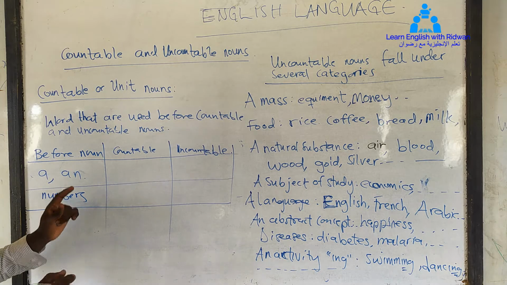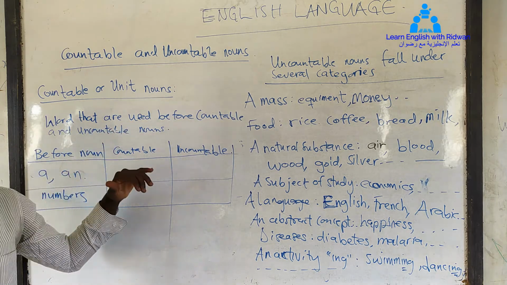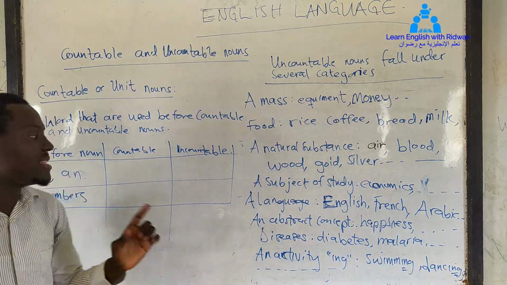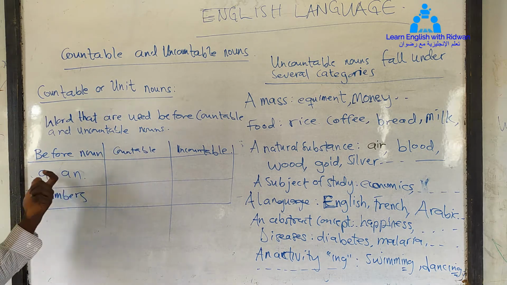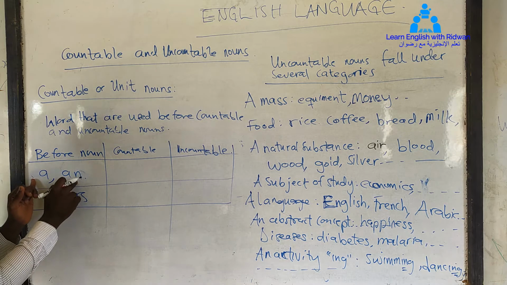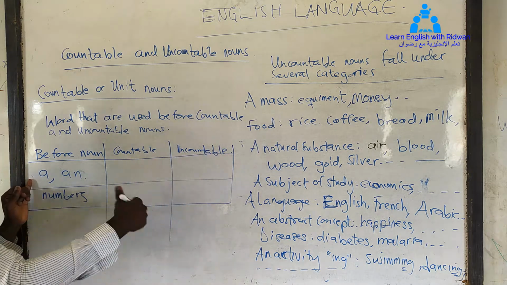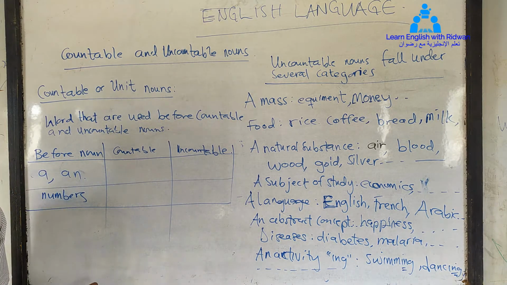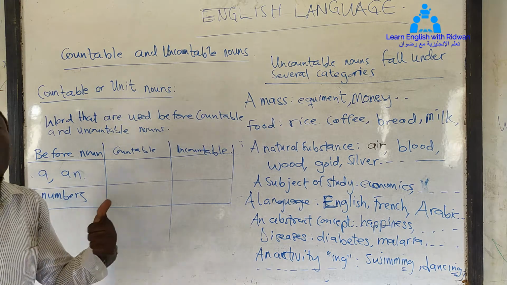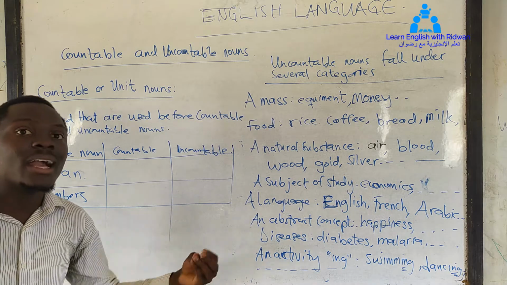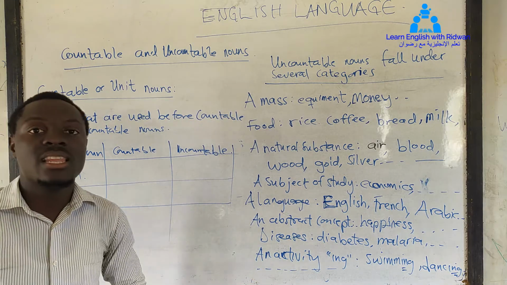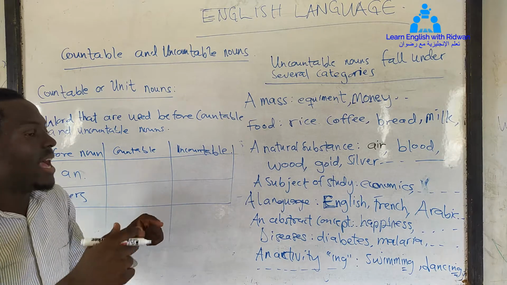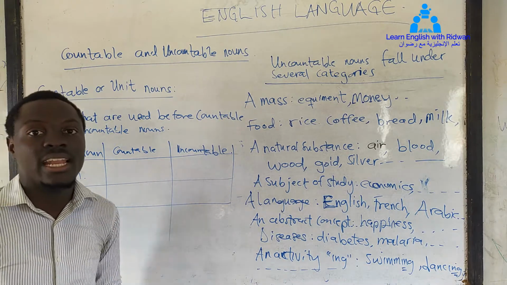Before those nouns? المعنى هذا قلنا ماذا؟ words that are used before countable and uncountable. الكلمات الذي يكون المستخدم قبل الأسماء المعدودة وأسماء غير معدودة. هل قبل أسماء يعني قبل أسماء المعدودة هل يكون هناك الأداة النكرة أم لا يكون أداة نكرة؟ أو بالنسبة هذا قبل الكتابة أسماء غير معدودة هل يكون أداة نكرة أم لا يكون أداة نكرة؟ وكذلك هل نستطيع أن نكتب الأرقام قبل الأسماء المعدودة أو قبل أسماء غير معدودة؟ هل نستطيع هذا؟ لأن إذا عرفت هذه الأشياء هذا سيساعدك كثير عند الكتابة وعند الكلام أيضا. ولا تجعل يعني النكرة للأسماء الذي لا يحتاج إلى النكرة وما أشبه ذلك.